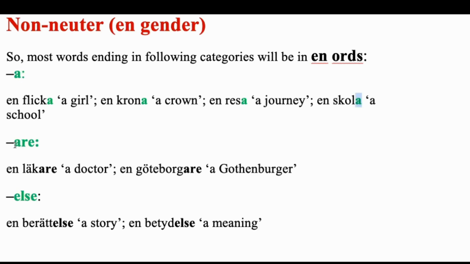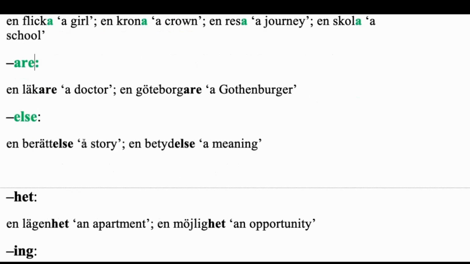So next we have this suffix, -are. If you have this pattern at the end of the noun, then it will be an en noun. For example, en läkare, a doctor; en Göteborgare, a Gothenburger, the person who lives in Göteborg. So in this scenario, we will place en there. And next we have -else, this pattern: en berättelse, a story, and en betydelse, a meaning.